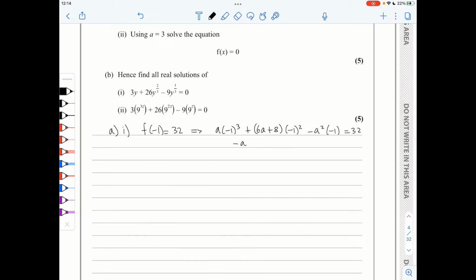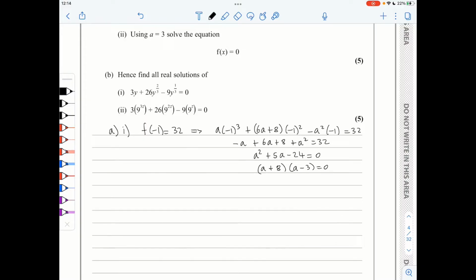So minus a plus 6a plus 8 plus a squared is 32. I will collect everything on the left hand side. It's a quadratic. A squared plus 5a minus 24 is 0, which factors into a plus 8, a minus 3.